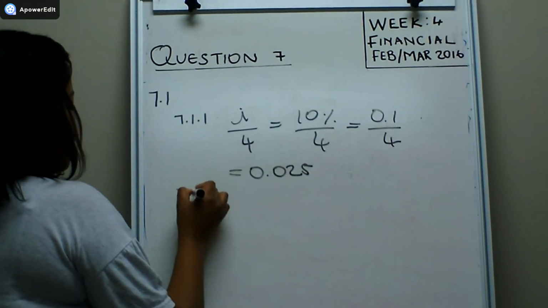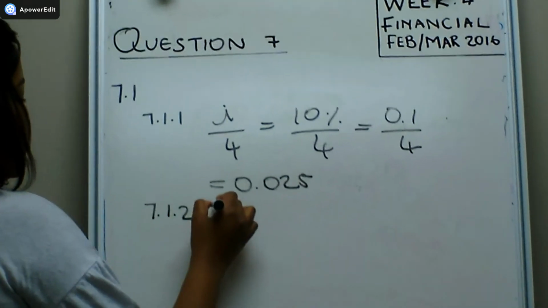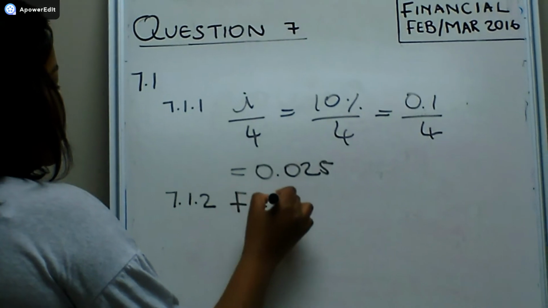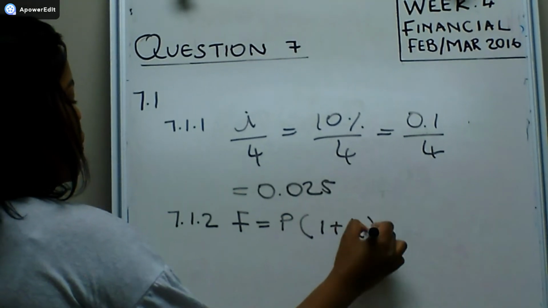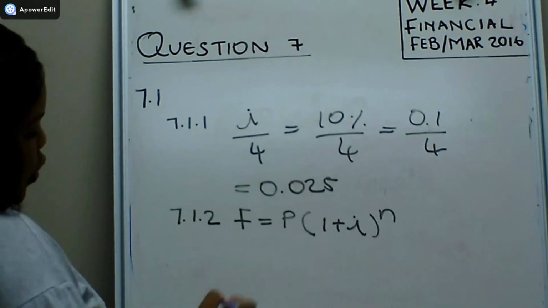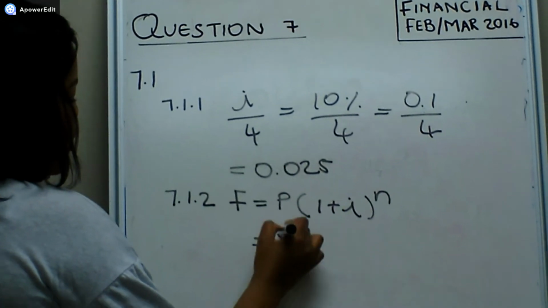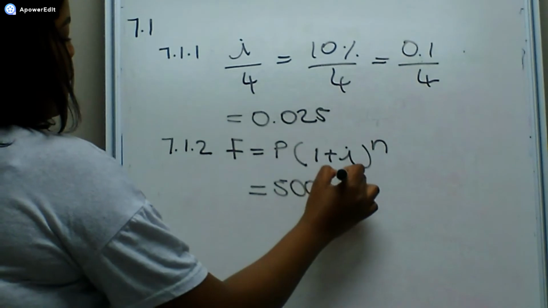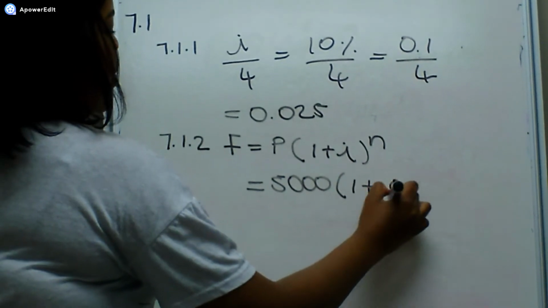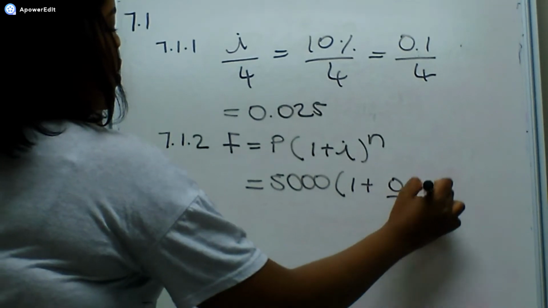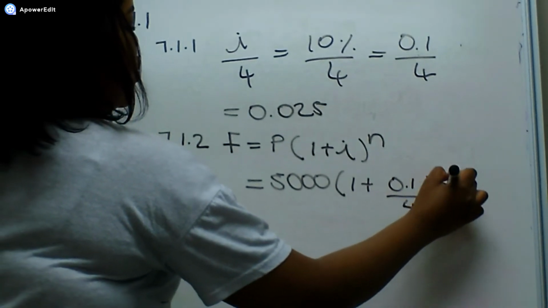Moving on to 7.1.2. In 7.1.2, we were asked to calculate, you can just go back to read the question, and you'll see that we were asked to calculate the value after 2 years. So basically you take the P that was given, which is 5,000, and then you multiply by the brackets 1 plus 0.1.